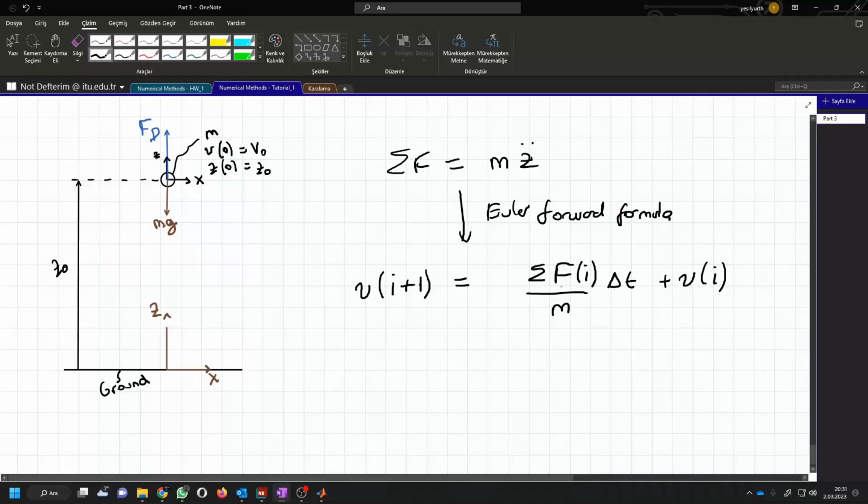So I need to first calculate the sum of the forces of my previous step, which is Fi, which consists of the aerodynamic forces of the previous step and the gravitational force of the previous step, which is always constant, m times g.